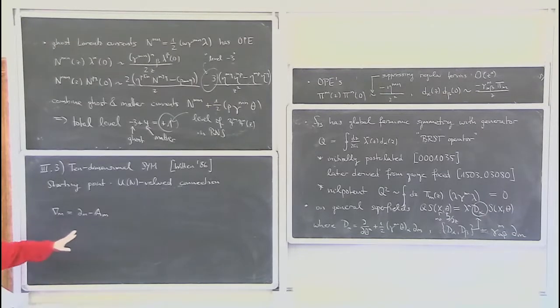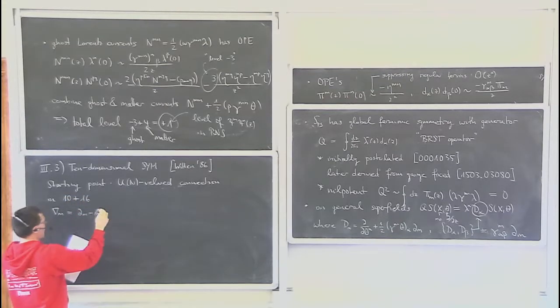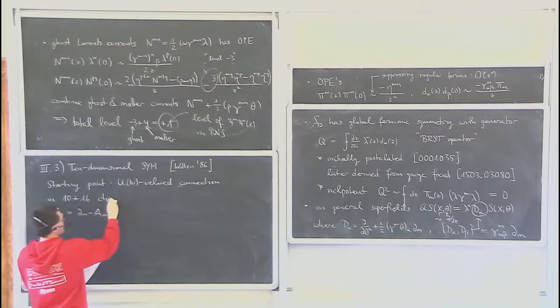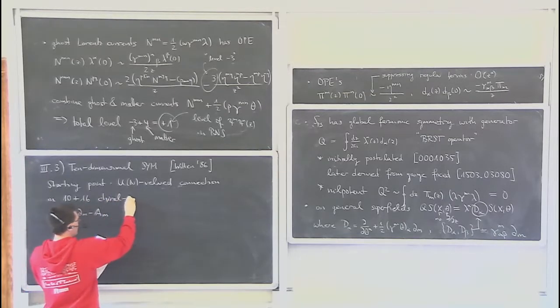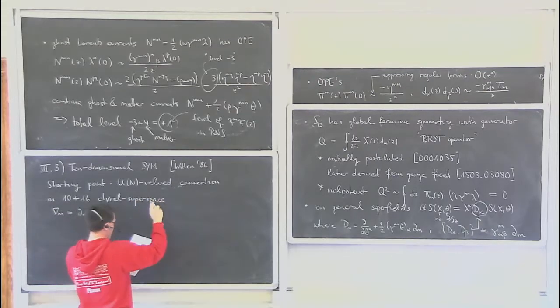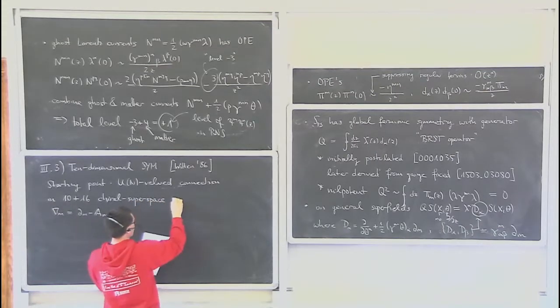But now the idea is to do this in a supersymmetric manner, adapted to the 10-dimensional superspace, or more precisely, 10 is the number of space-time dimensions, but the superspace of interest has another 16 theta coordinates. So this is the chiral superspace, off-shell superspace for 10 dimensions.